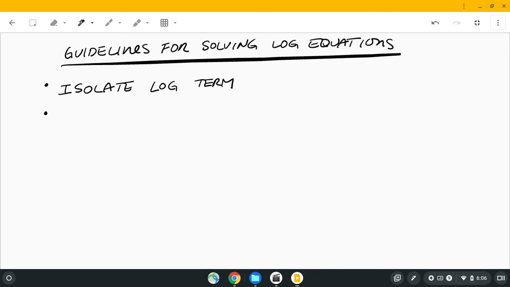We're going to rewrite this step right here, the second step here. You can look at it two ways. You can think of it as rewriting the log in exponential form. Or you can look at it as raising the base to each side.